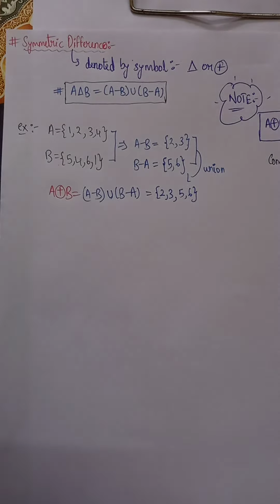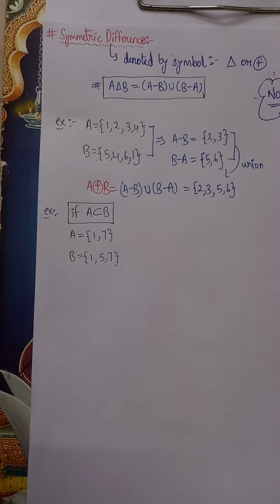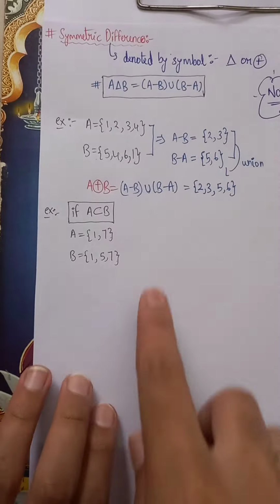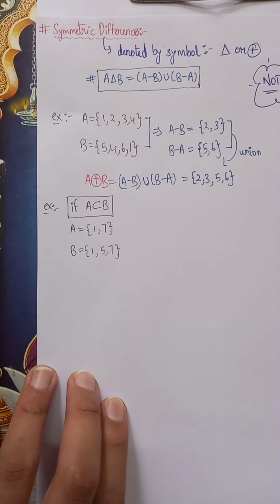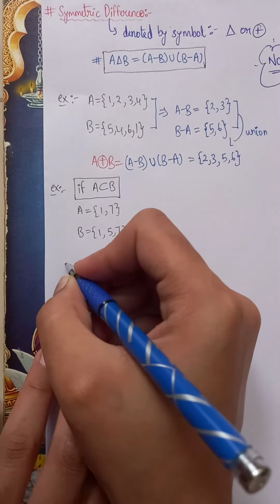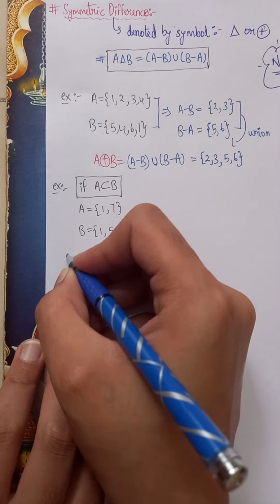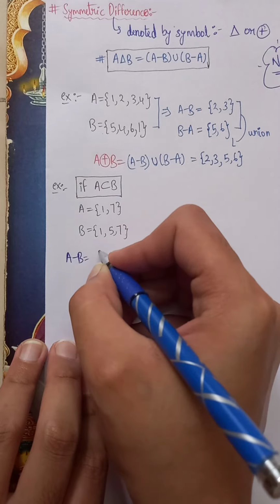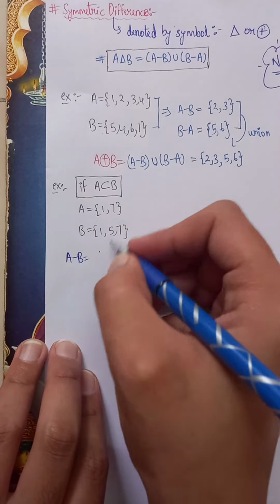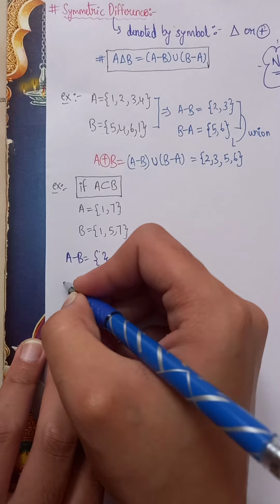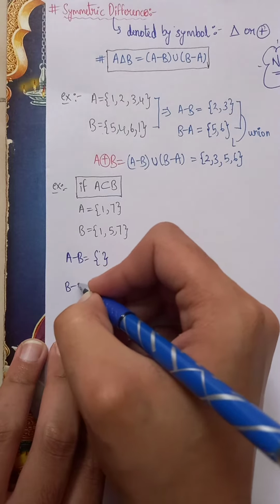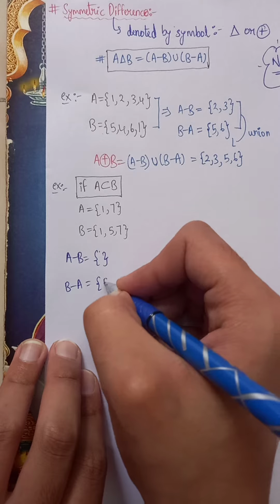Now let's move on to the next example. We need to find the symmetric difference between A and B. Before that, let's find the differences. For A minus B, you take out the common elements, so you will get the empty set, and B minus A, you will get 5.